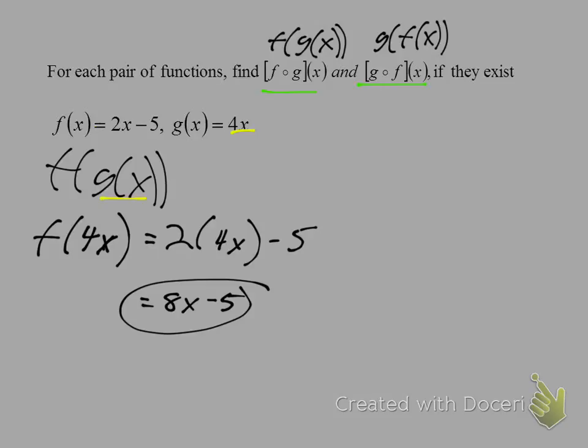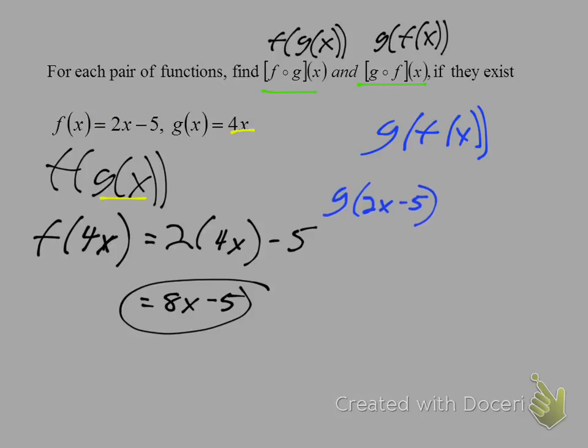You got that? Now going the other way, I'm going to take f of x, which is 2x minus 5, but instead of plugging g into f, this time you're going to plug f into g, because you work backwards. So g of f of x. f of x is 2x minus 5, so we plug that into g.